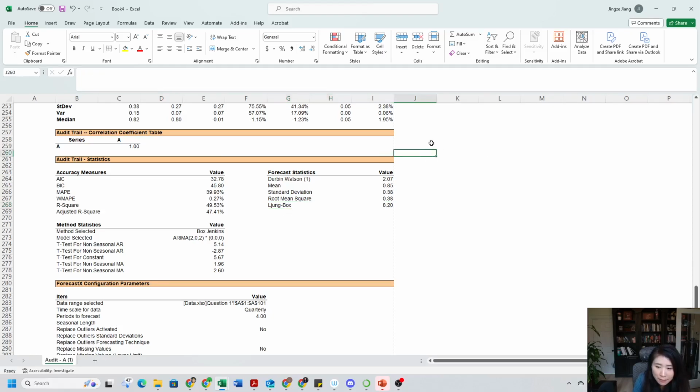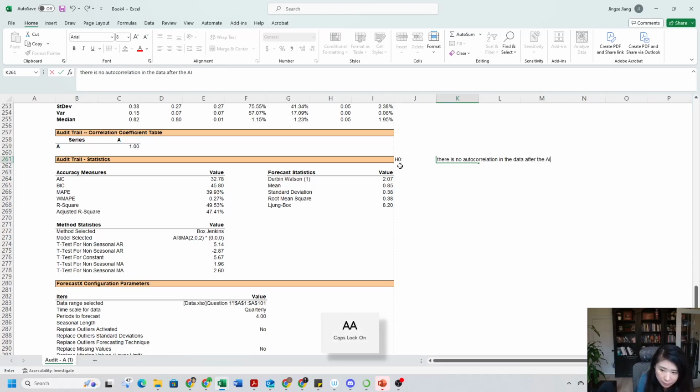Okay, so first of all, set out the 3 steps. The H0 in this hypothesis is that there is no autocorrelation in the data after the ARIMA model.